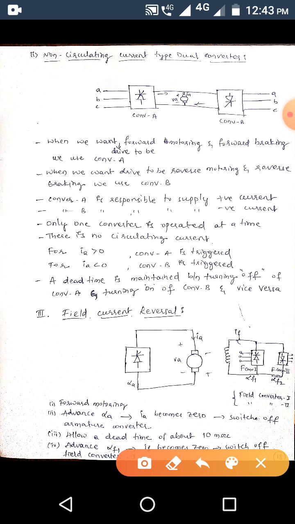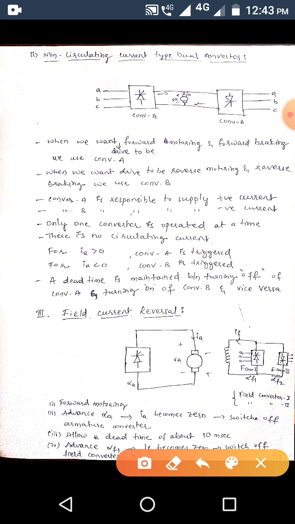Now next comes the third operation of the multi-quadrant operation of the separately excited DC motor, that is field current reversal. So we need to change the field current to operate the drive in the different quadrants.